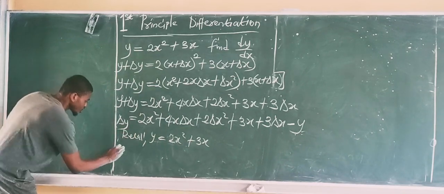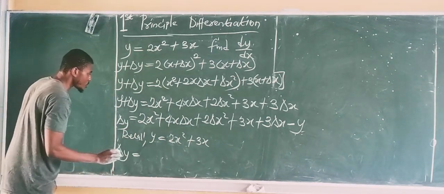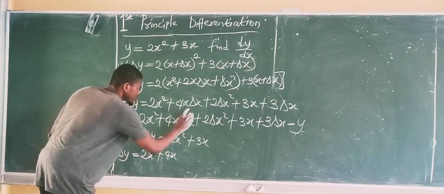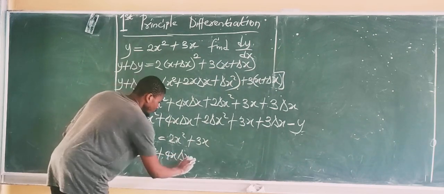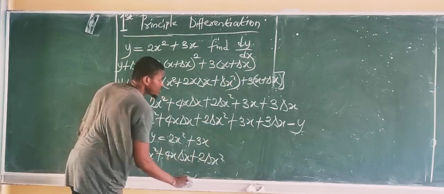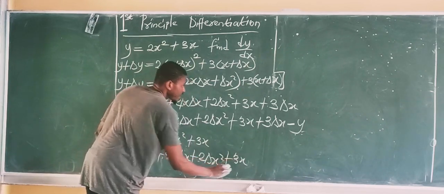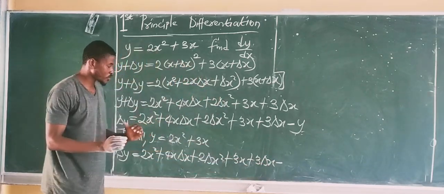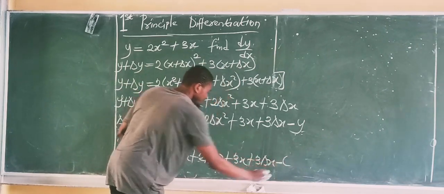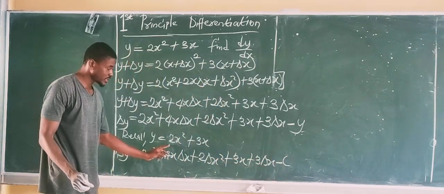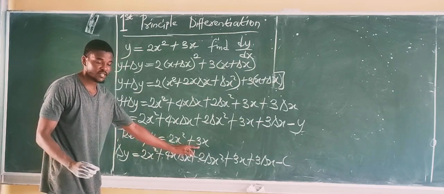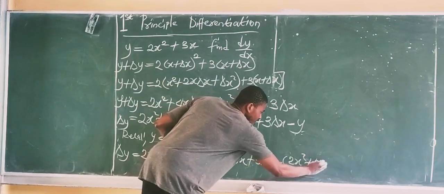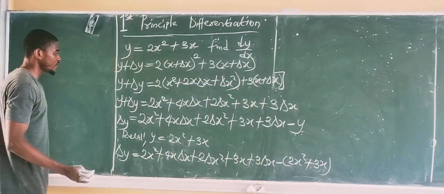So this equation becomes change in y is now equal to 2x squared plus 4x change in x plus 2 change in x squared plus 3x plus 3 change in x minus, now be very careful at this point, minus, you open a bracket because the value of y is more than one term. So you have 2x squared plus 3x, so you have to be very careful. You open the bracket, you simply have minus (2x squared plus 3x). So you have this, okay?